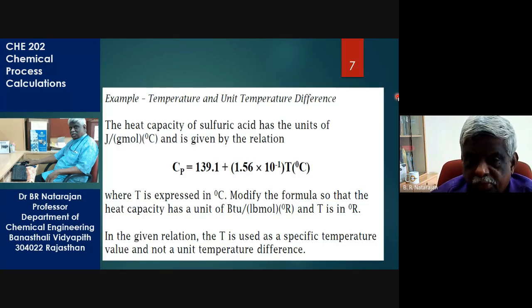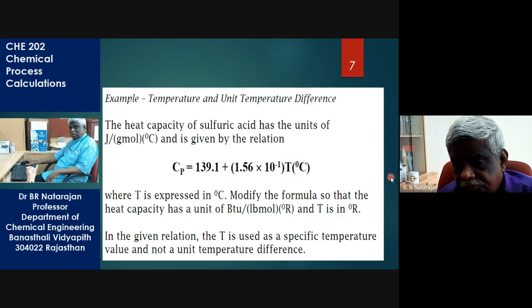Let's see one more. The heat capacity of sulfuric acid has unit joule per gram mole degree C and is given by this relation: 139.1 plus 1.56 into 10 to the power minus 1 T, where T is expressed in degree centigrade. Modify the formula so that heat capacity has unit BTU, not joule.